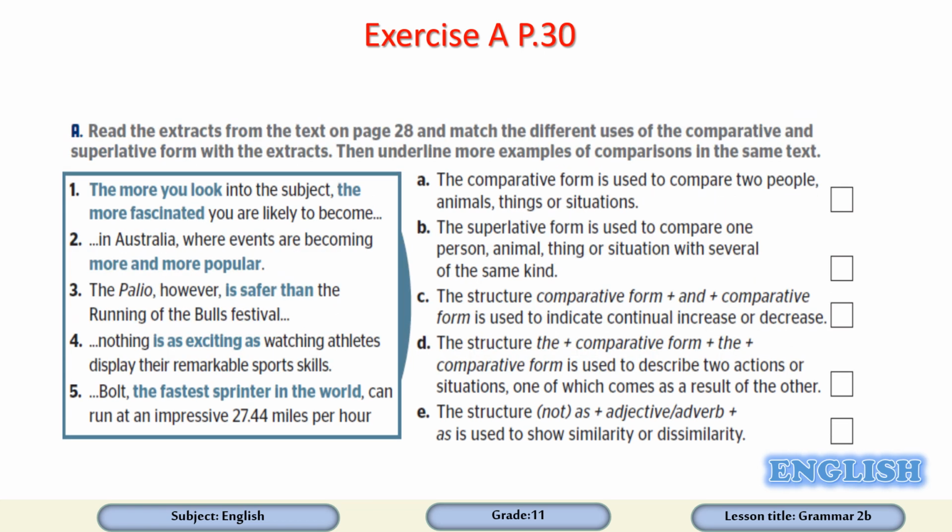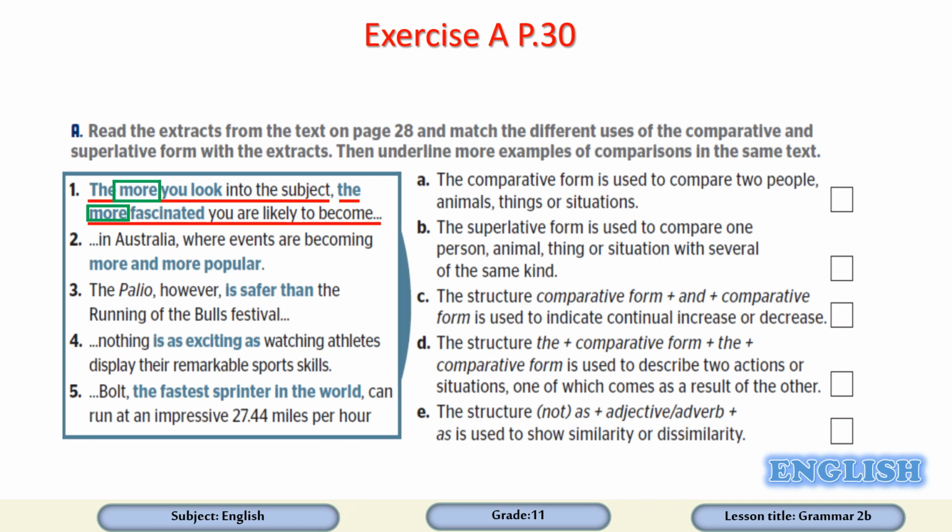Let's begin with sentence number 1. The more you look into the subject, the more fascinated you are likely to become. What kind of structure is used in this sentence? Yes, very good. The sentence uses the structure the more and the more. Look now at the relationship between the first clause and the second clause.